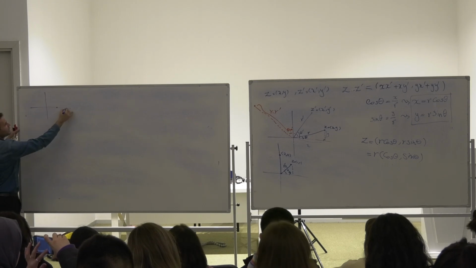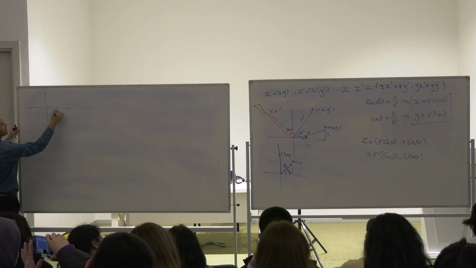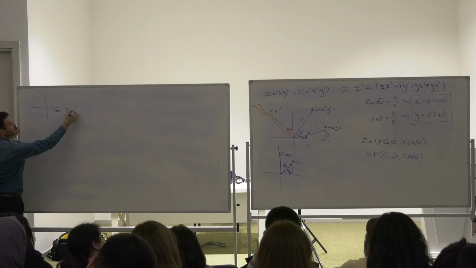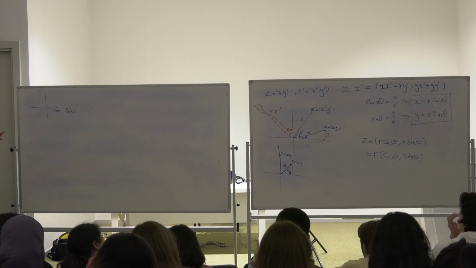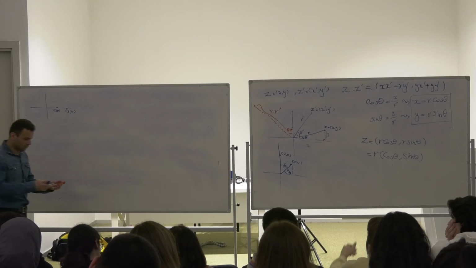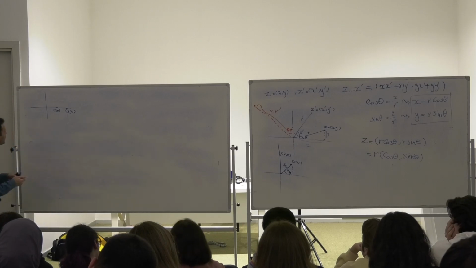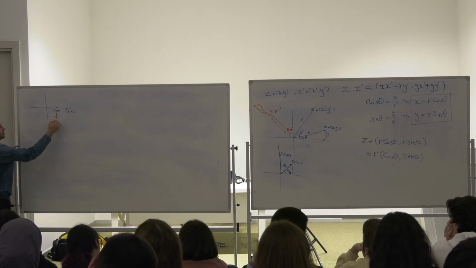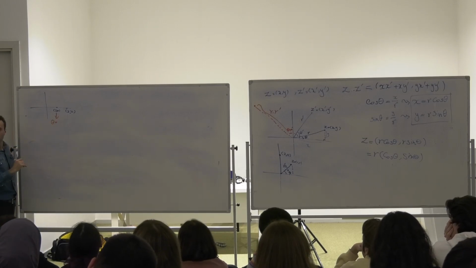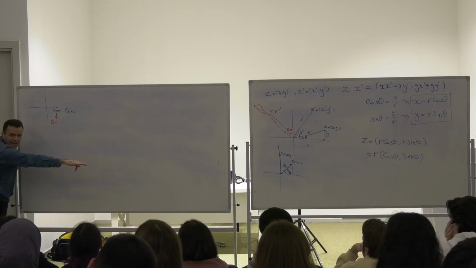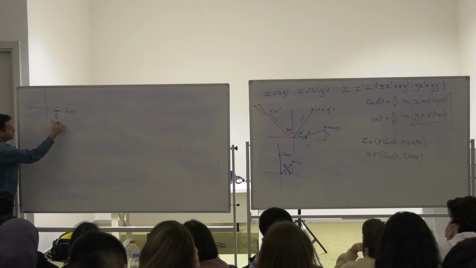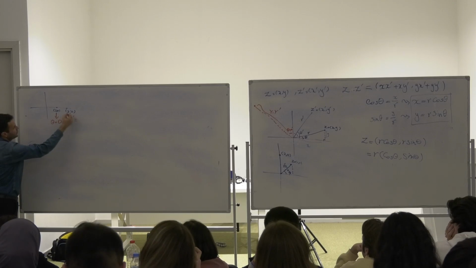Take a number here, take a number here. Let's call this x0 and this x prime 0. If we multiply these together, what will happen? What is the angle that this is making with the positive x-axis? 0.